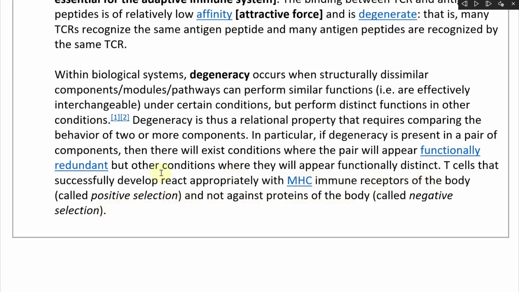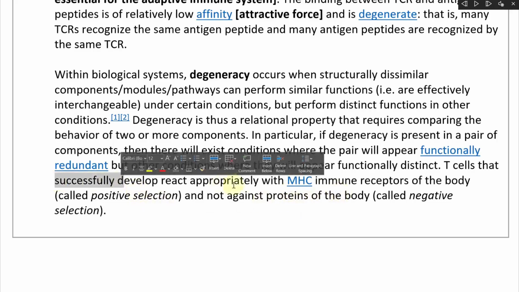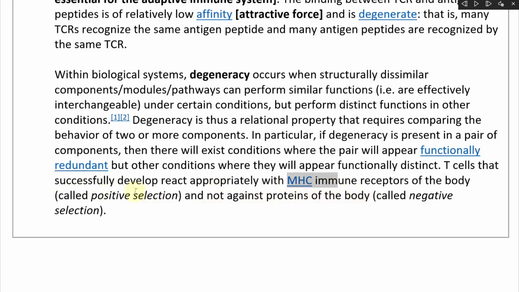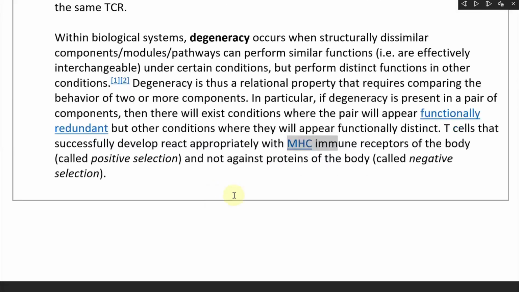So these ones that successfully develop react appropriately with these MHC and not against proteins of the body. If a T cell does not develop successfully, it may not react appropriately to these MHC immune receptors. If it does react against the proteins of the body, that's called negative selection. Positive is if it reacts with these immune receptors.